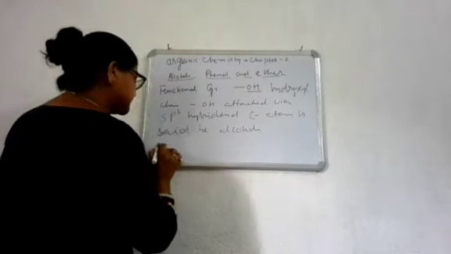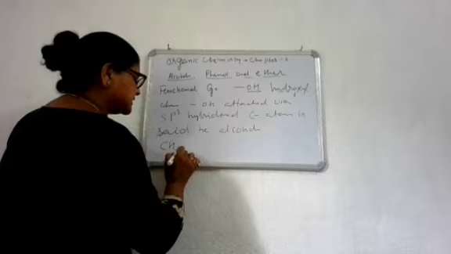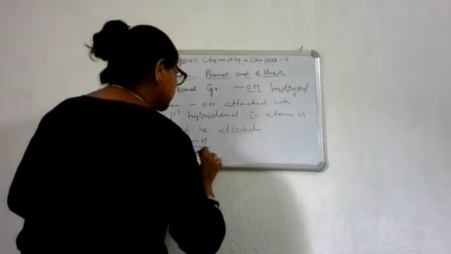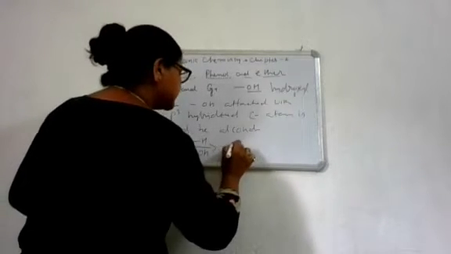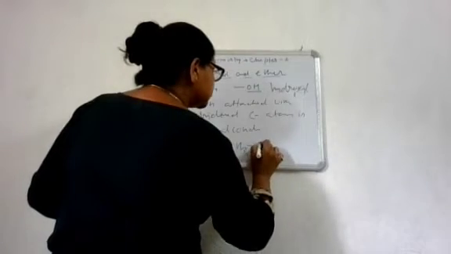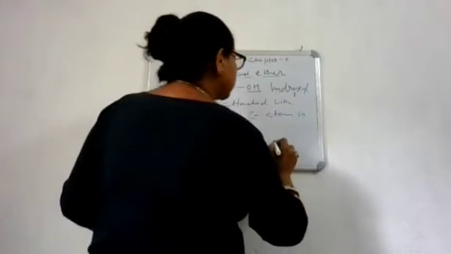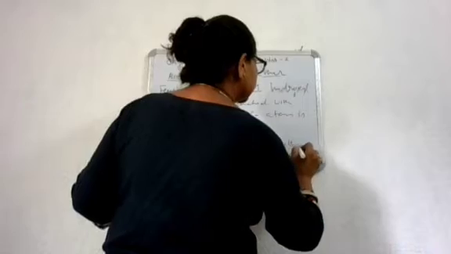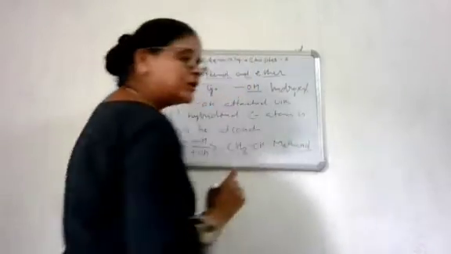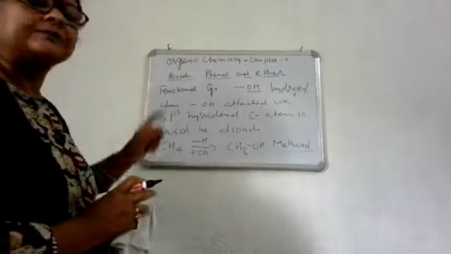So let us suppose CH4, methane, minus H plus OH gives CH3OH. It is called methanol, one example of an alcohol.